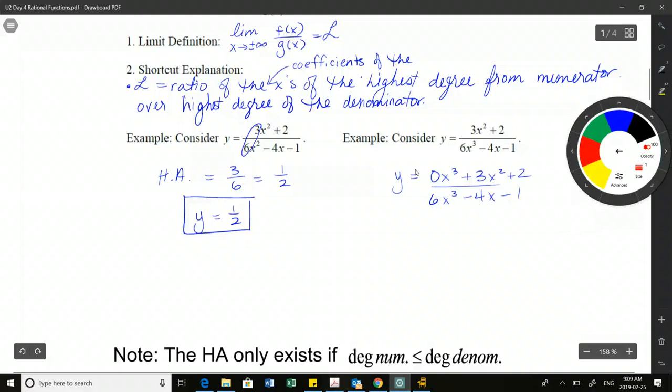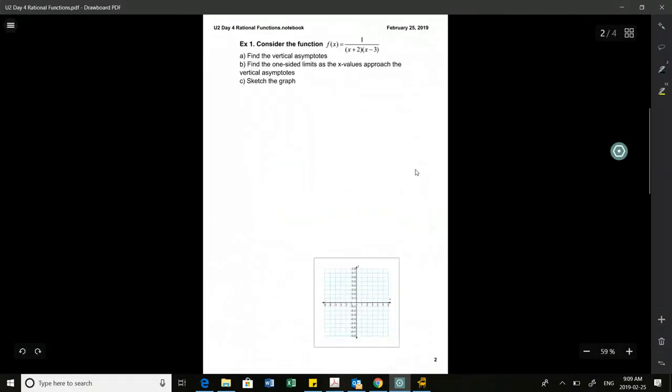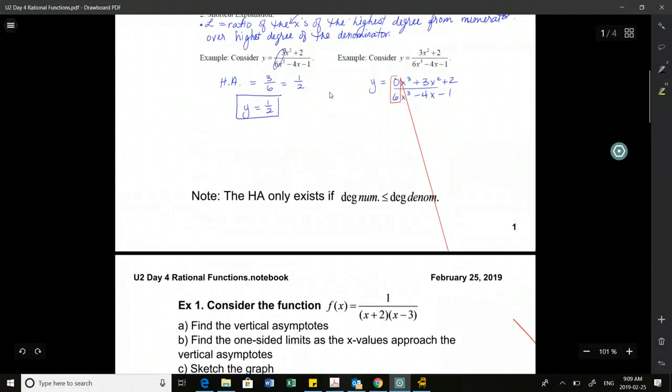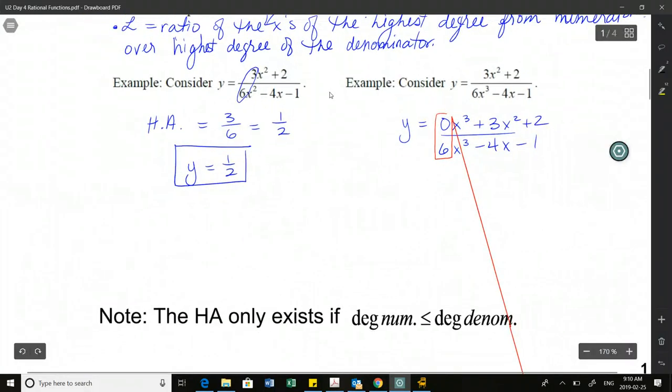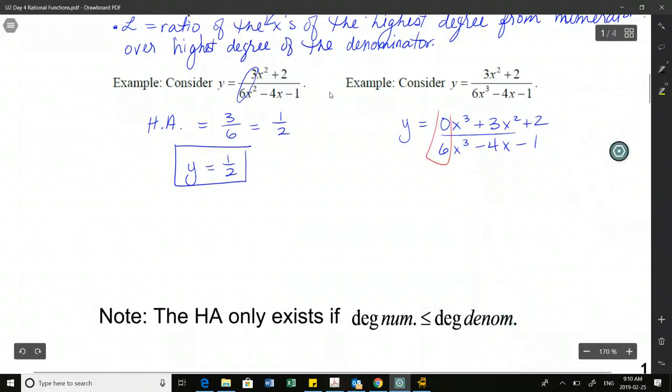Once we have that, the ratio of those x's with the highest degree is 0/6. So this is okay, right? I just can't have 6/0. So my horizontal asymptote is at the value y equals 0 here.